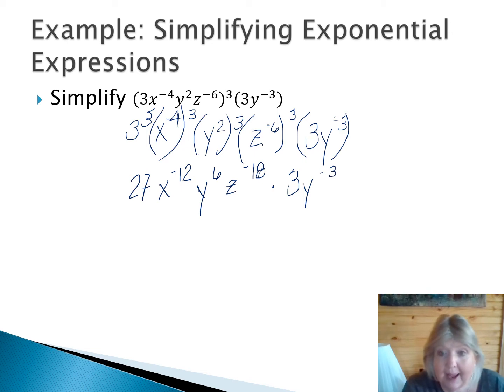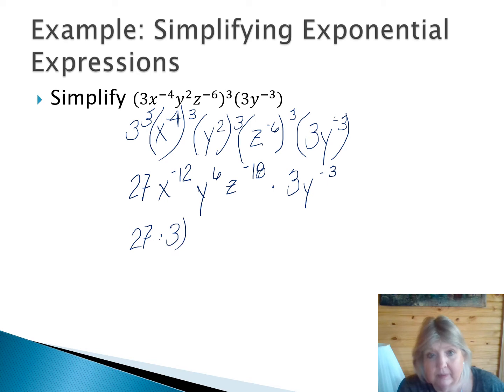Now I don't have any parentheses left, so I'm one step closer to being simplified. I'm going to collect like bases because I have 2 base y's, so I know that's not going to be my simplest form. So I'm going to put the 27 and the 3 together. The x doesn't have another like base.